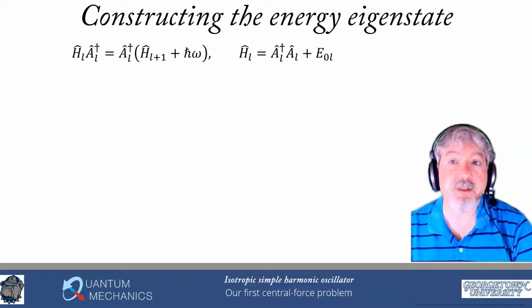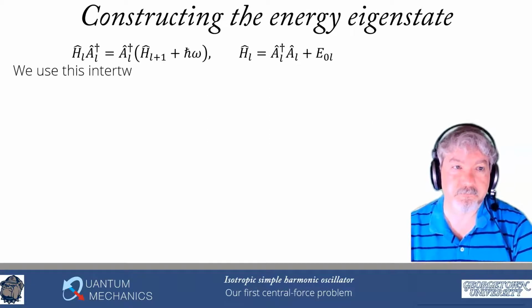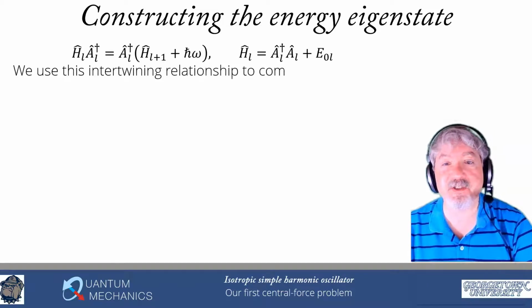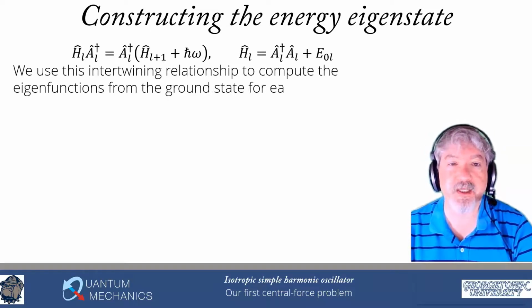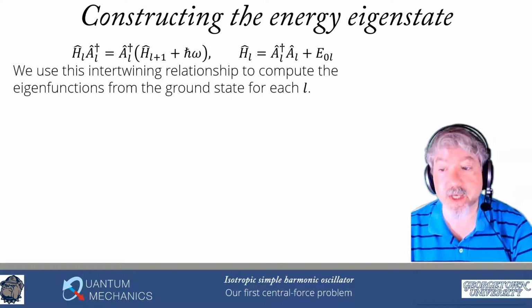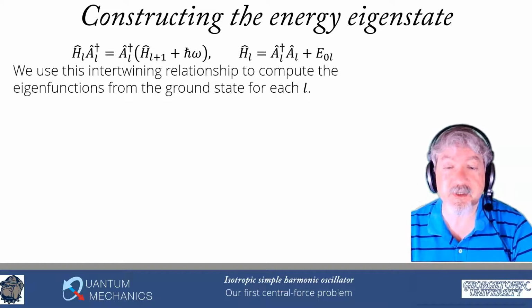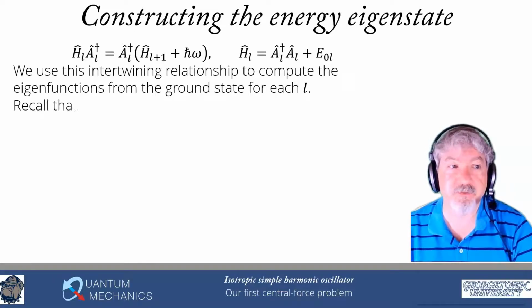All right, on to the energy eigenstate. We're essentially going to guess what the energy eigenstate is and then prove that it is correct. And we work carefully with that intertwining relationship in order to do that. We see that it involves a shifting of the H and a shifting of the energy.